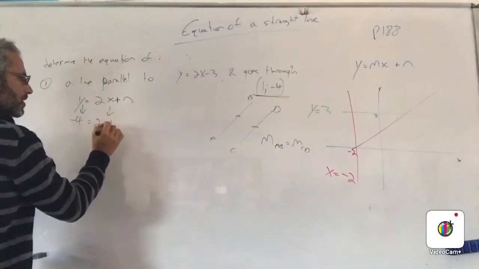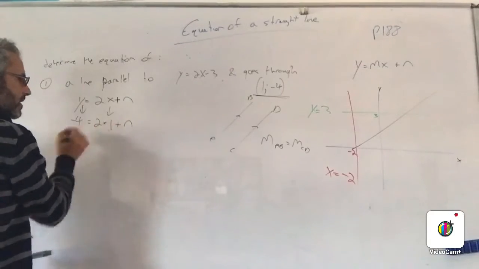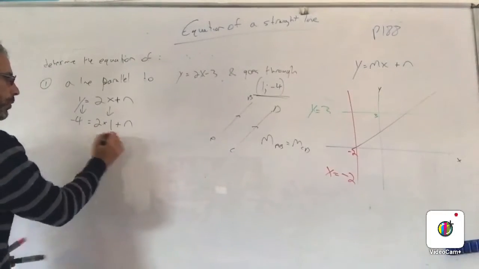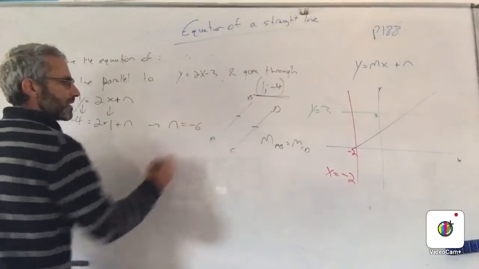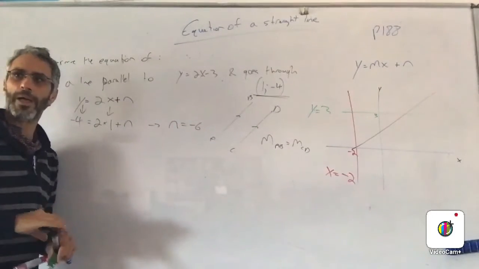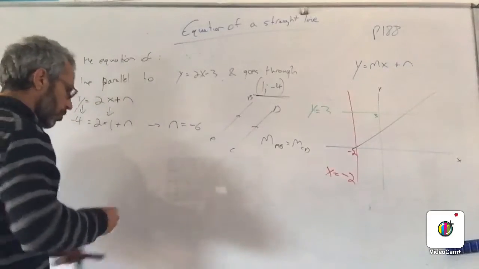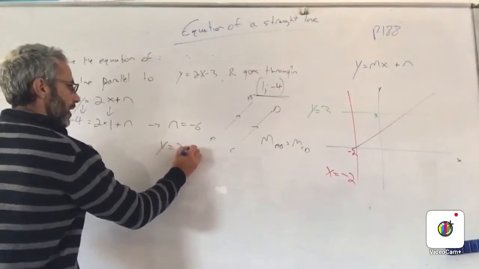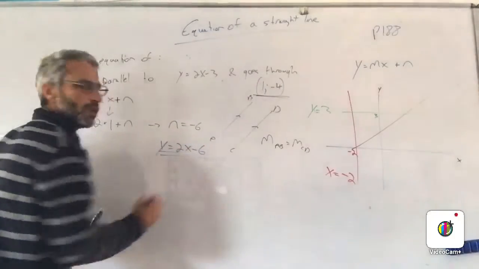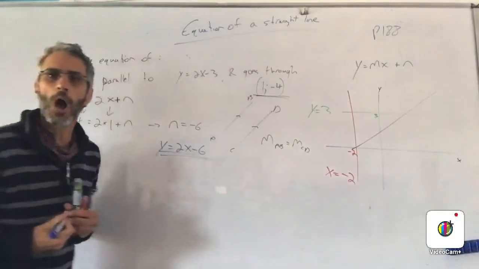Okay, so 2 times 1 plus n equals -4. Quick rearrangement, and we will see that n equals -6. Are we happy with that? Okay, so overall the equation is y equals 2x minus 6. That's the final answer. That's how we've been doing it.